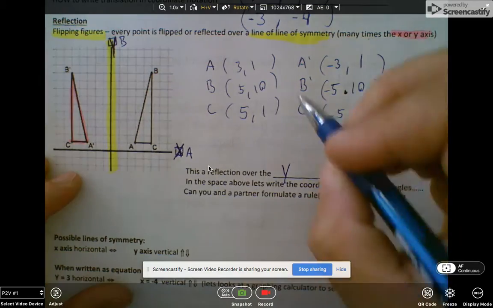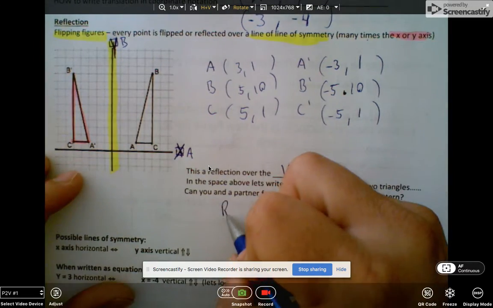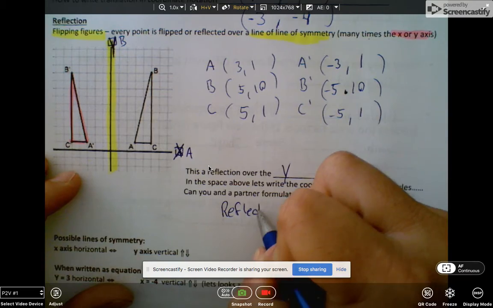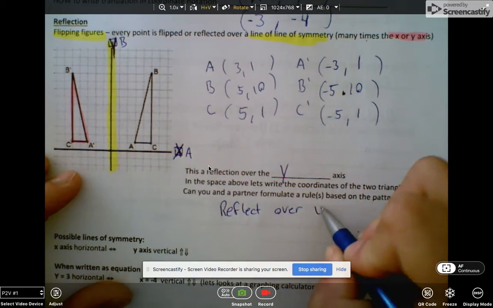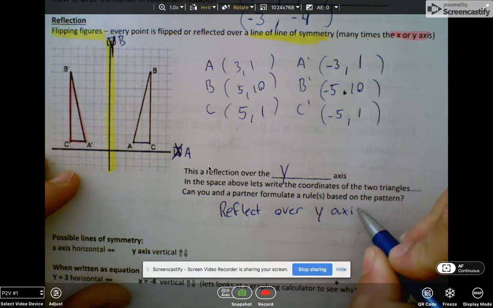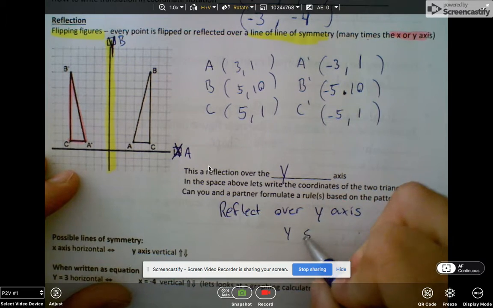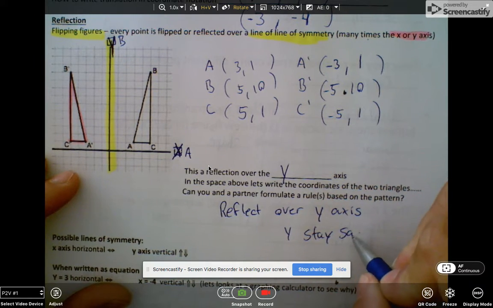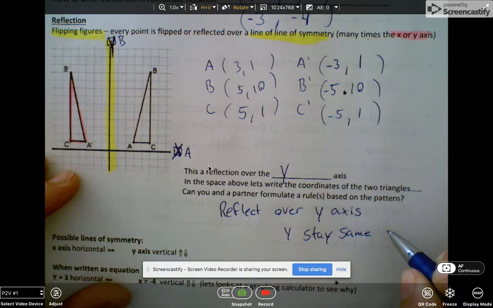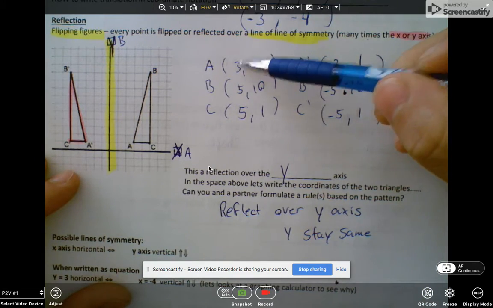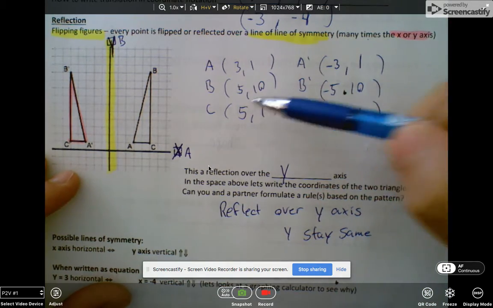All right, did you notice that when you reflect over the y-axis, y stays the same? And what happened to all the x's? If you look here, 3 became -3, 5 -5, 5 -5.